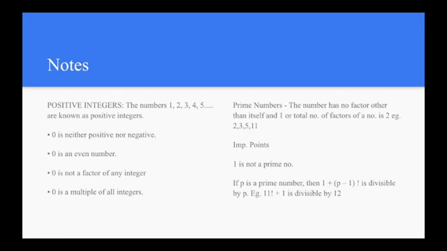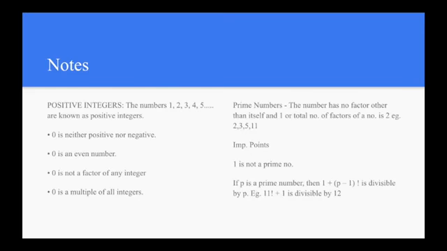Now, the next point I want to discuss here is prime numbers and composite numbers. Prime numbers are those numbers which have no other factor than itself and 1. For example, if a number has only two factors, that is the number and 1, it is called a prime number.